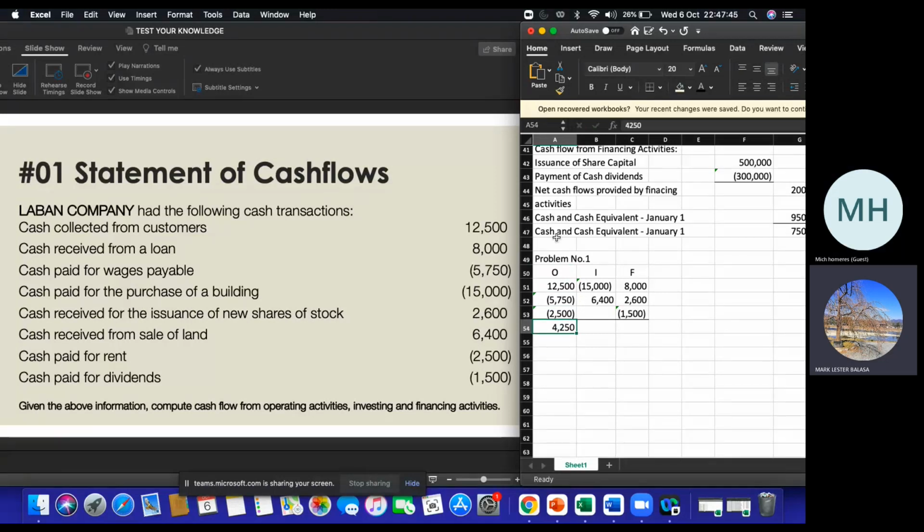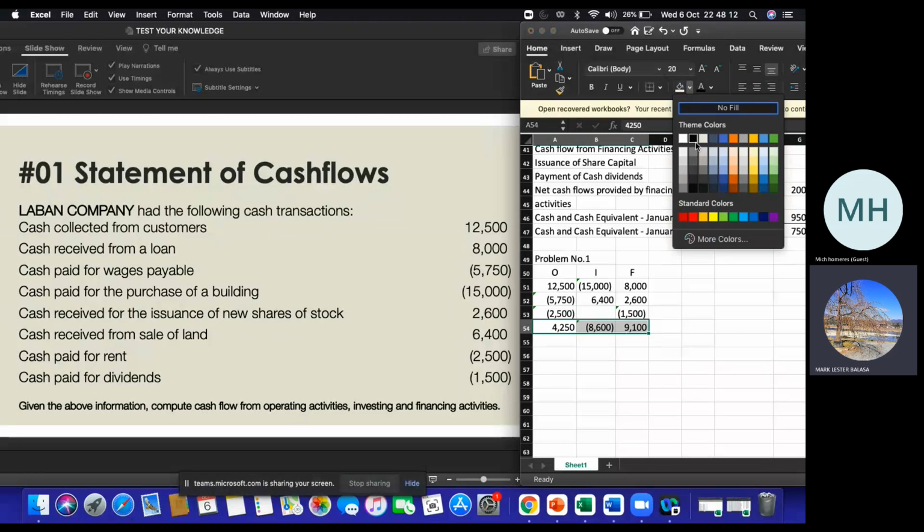Yes, very good. And then for investing activities, 8.6, cash flow used. And for financing, 9.1. So that's our answer.